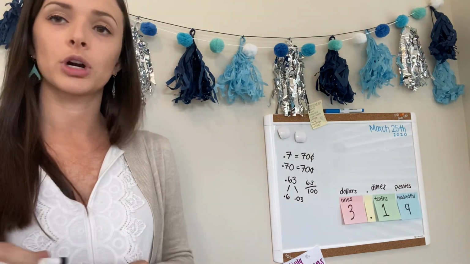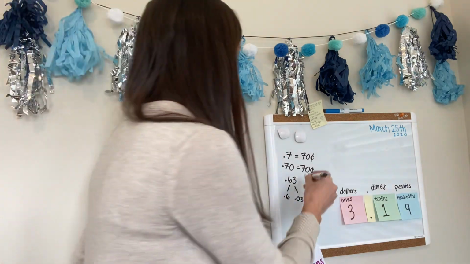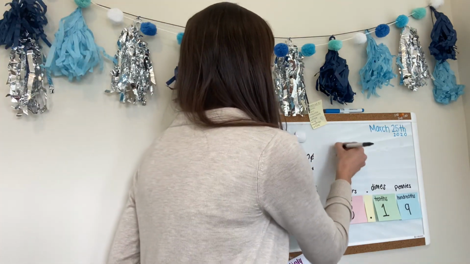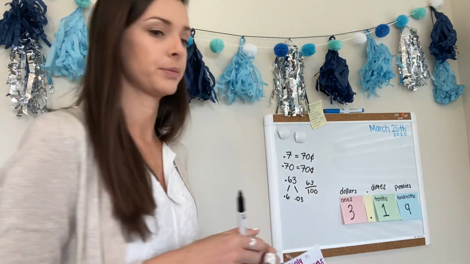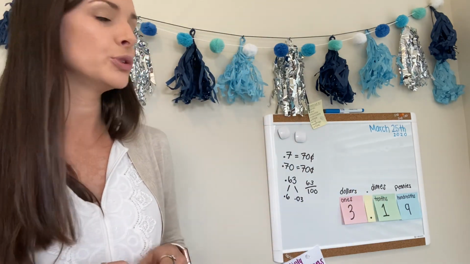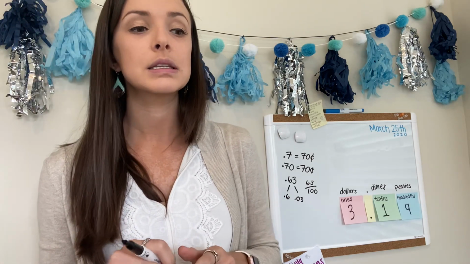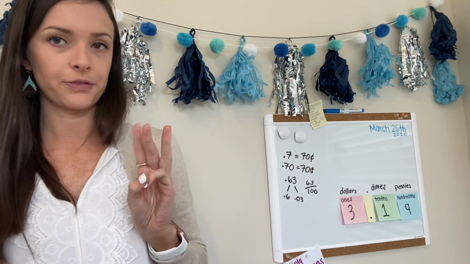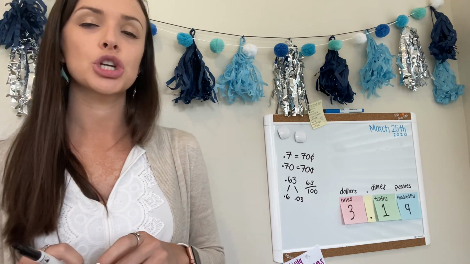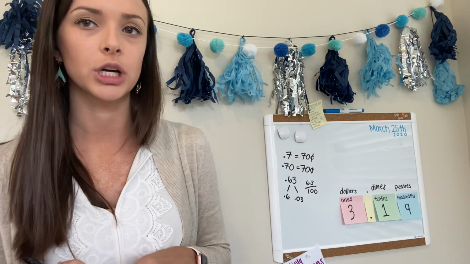We're going to do one more example like this to get us introduced and familiar with our decimals, and then we're going to move on. So, last example, I want you to show me in at least 3 different ways 47 hundredths.